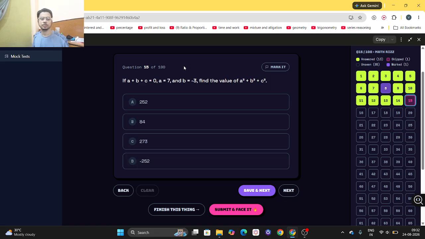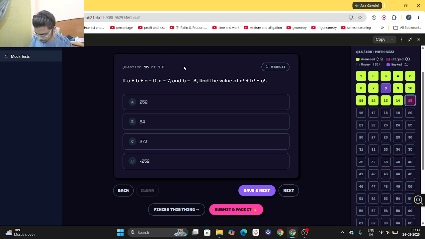A plus B plus C is equal to 0. A is equal to 7, B is equal to minus 3. Then find the value of A cube plus B cube plus C cube. 7 minus 3 plus C is equal to 0.